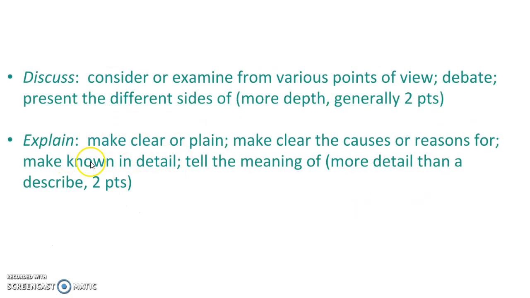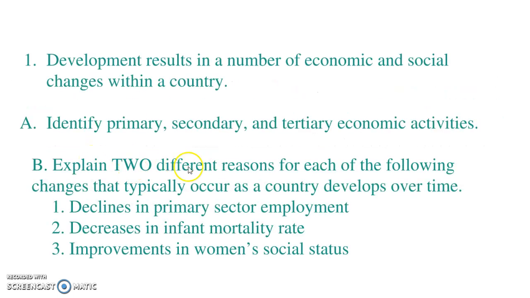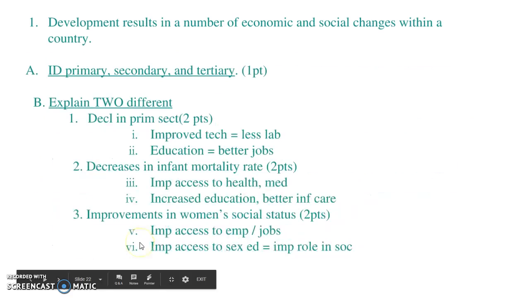Right here, make clear or plain, put a lot of detail in there so we know what you're talking about. Explain 2 different reasons for each of the following changes that typically occur as a country develops over time. So 1, 2, and 3 here, we're going to have to explain 2 different reasons for each of these.